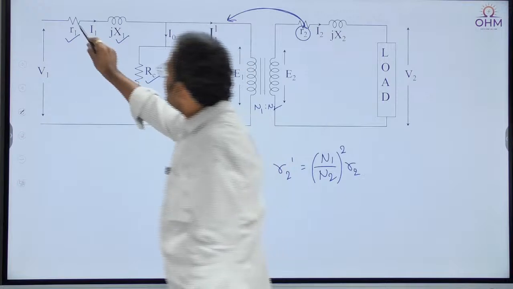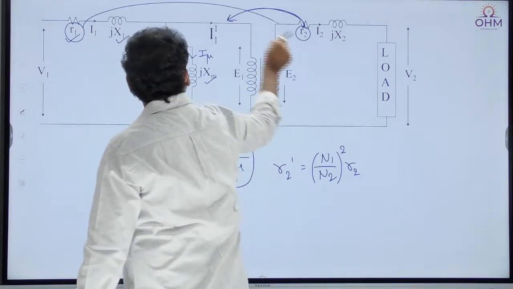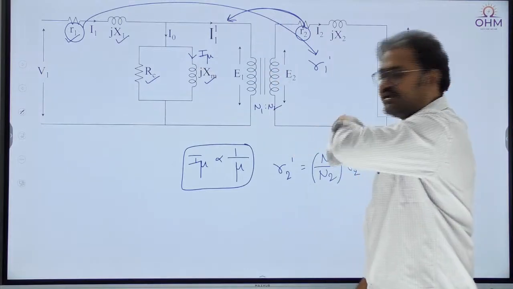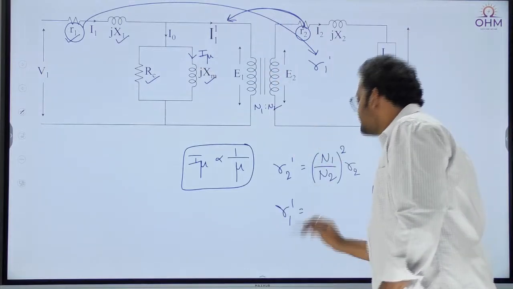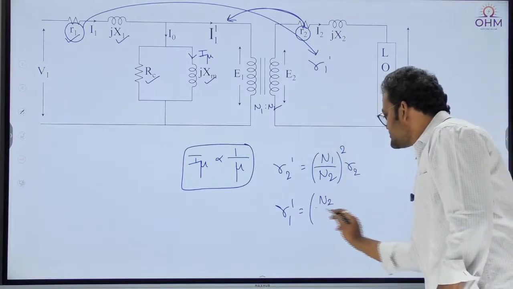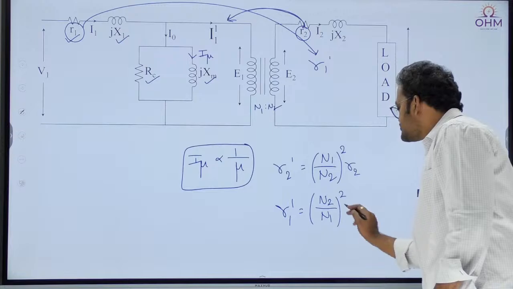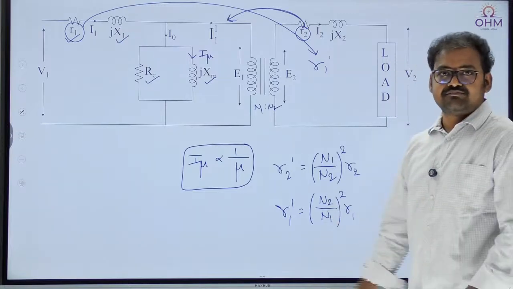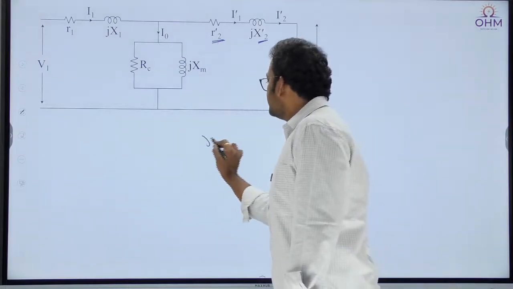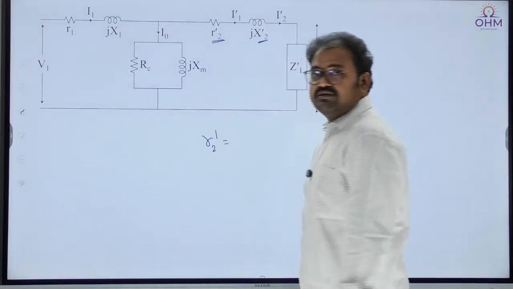Suppose you transfer the primary resistance to the secondary side, then it becomes R1 dash. If R1 goes to the secondary, then R1 dash becomes, as I am moving to secondary, secondary in the numerator: secondary by primary whole square times its original value R1. A simple rule. In the same manner, can you tell me what R2 dash is now?